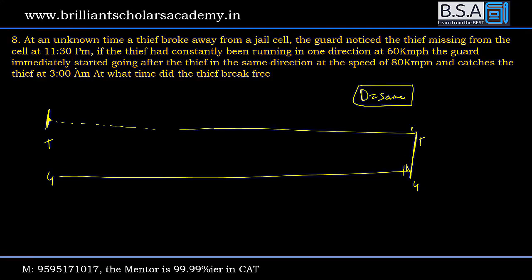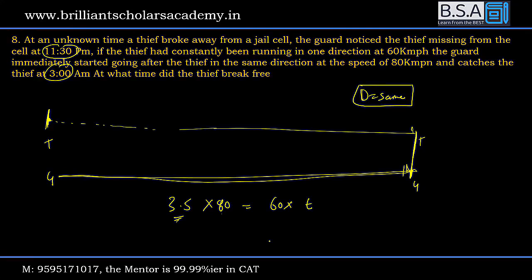Now please observe, from 11:30 to 3 o'clock is 3.5 hours. For 3.5 hours, the guard runs constantly at the speed of 80. So I have found out the total distance traveled. Now this distance has to be traveled by the thief in some amount of time.